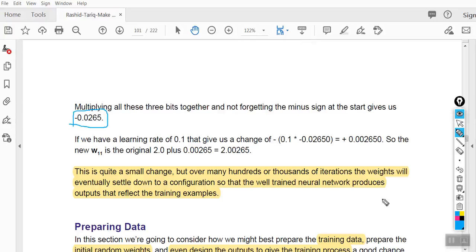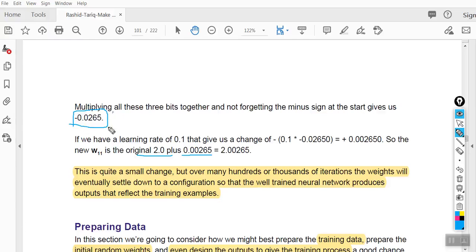And if you remember, we said that the new weighting is equal to the old weighting plus this updating rate.